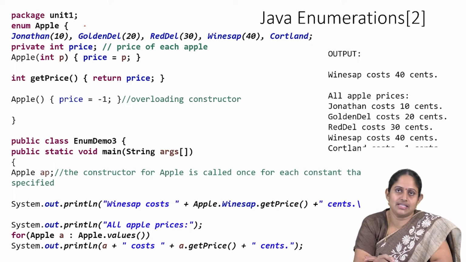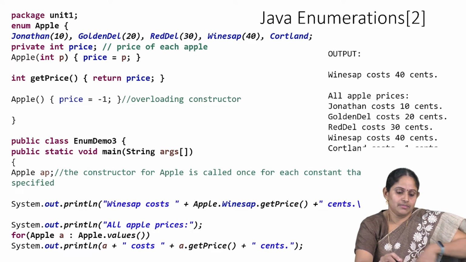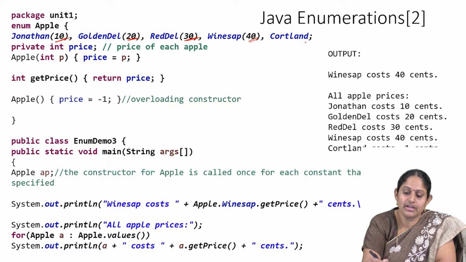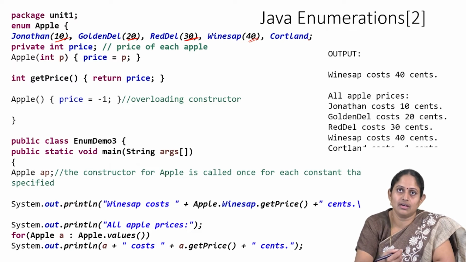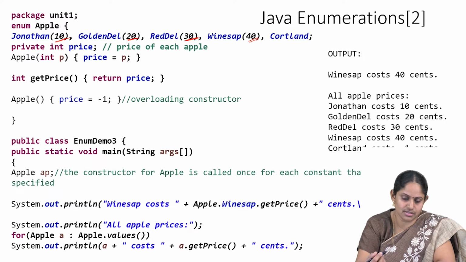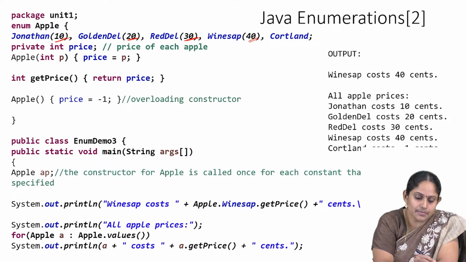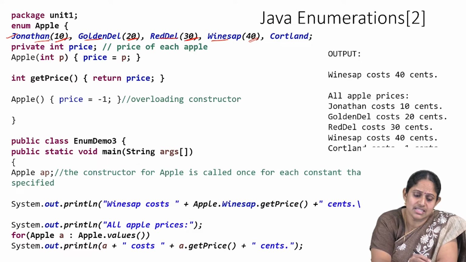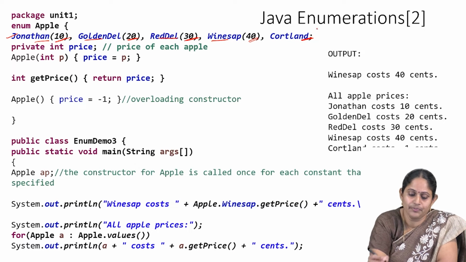Now let's look into an example. Here we are passing some value also to it. We are making use of constructors for the enumeration. It can have constructors also. So here this enumeration Apple contains these constants, and those constants are initialized to 10, 20, 30, 40, and this one is not initialized to any value.